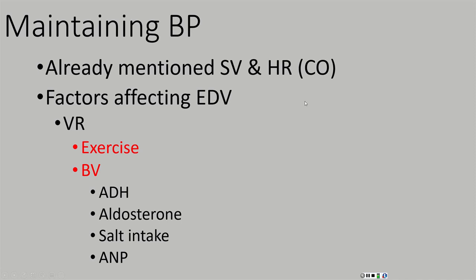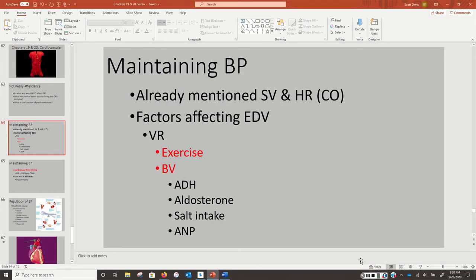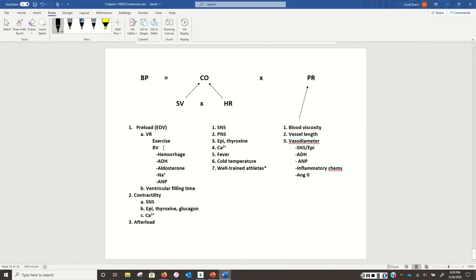So let's go back now that we've covered all of those and look at our chart. We've now covered all of these factors that affect blood volume. And if we affect blood volume, we affect venous return, and we work our way up. So let's do one of these flow charts that's pretty straightforward, and then we will do one that's a little more tricky.